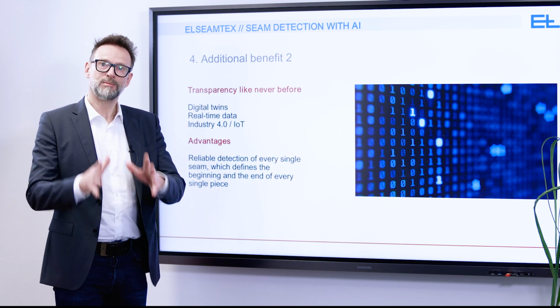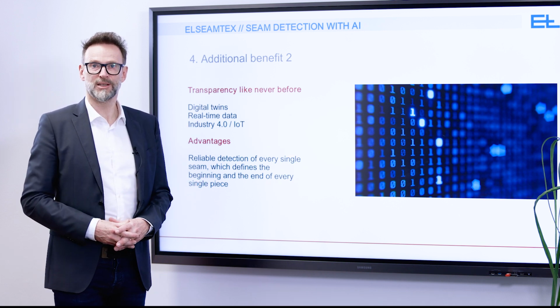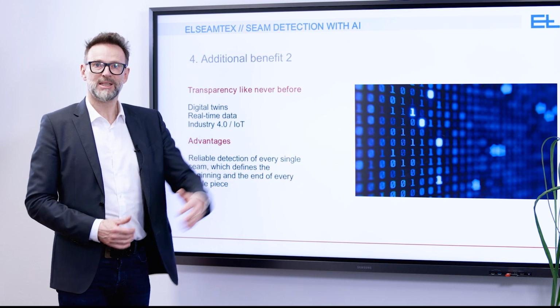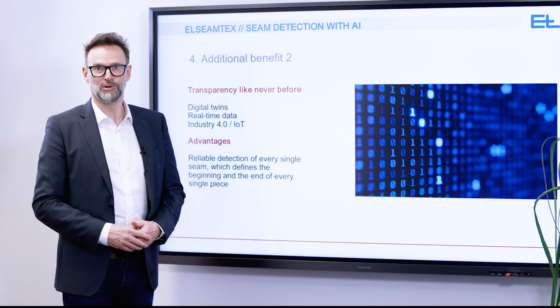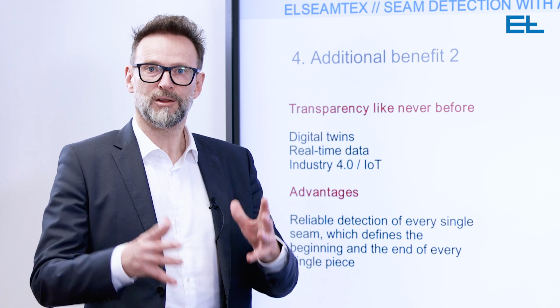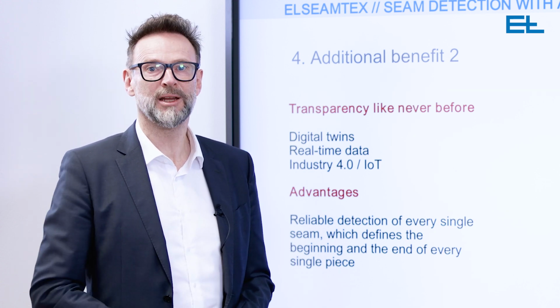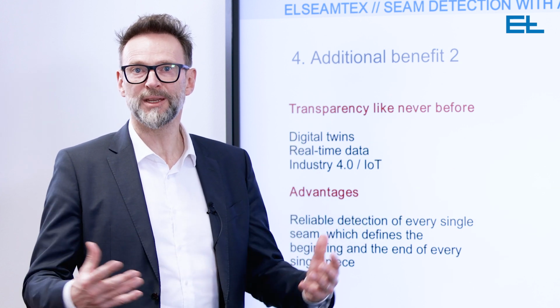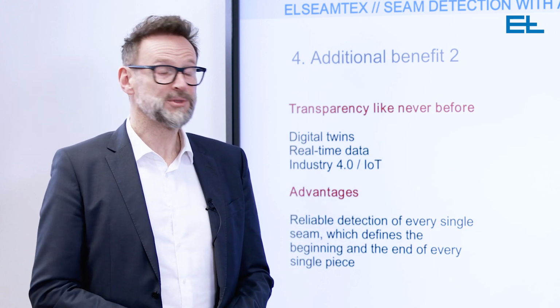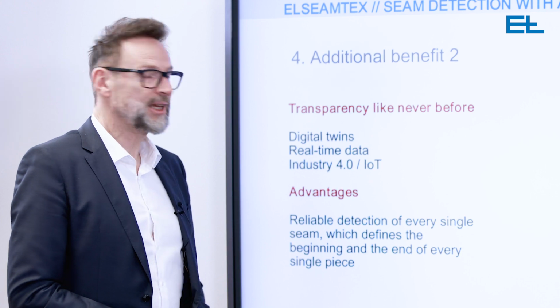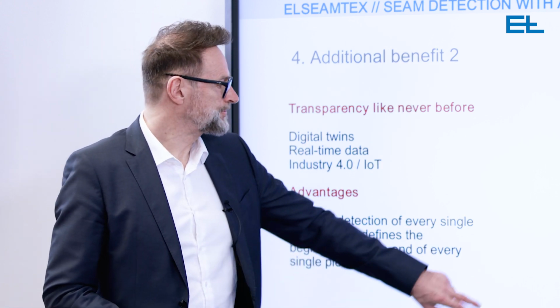And therefore we have a 100% security that with every seam there is a start of a new production step, and on the other side it gives the order to the calendar roller, the shearing knife or the printing head, that there might be an obstacle which is actually damaging the fabric.